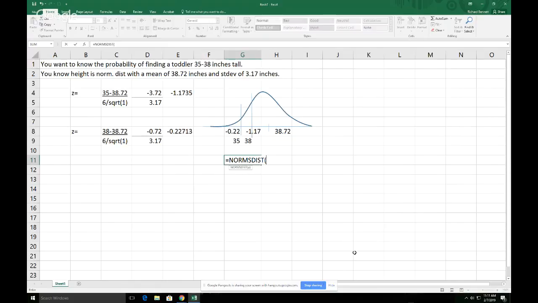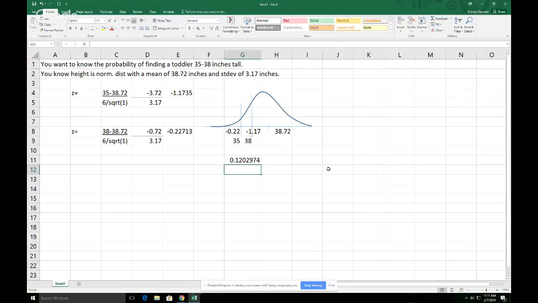You can pick that number here, and it tells you what is to the left of negative 1.17. You can use all the digits you got, so the computer is actually going to be even more accurate than the table. So 12% of the data is to the left of 38.